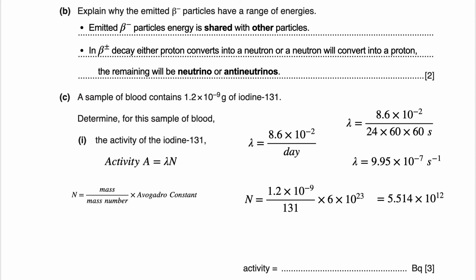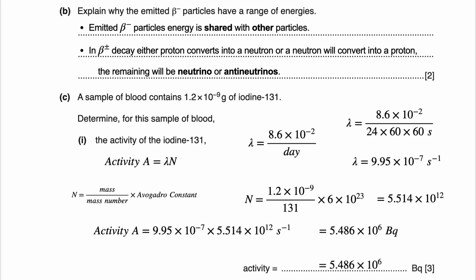It will be very easy and interesting. Now activity A is lambda times N. We have lambda found and N found. The answer is 5.486 × 10⁶ becquerel. Becquerel is given already, so we write only 5.486 × 10⁶.